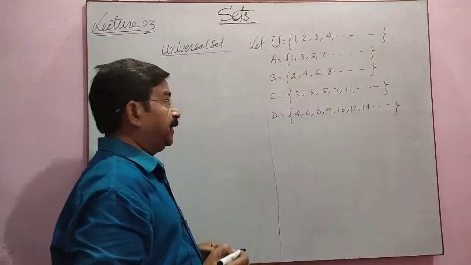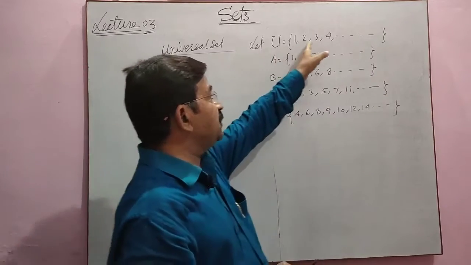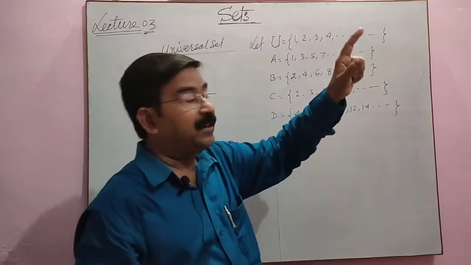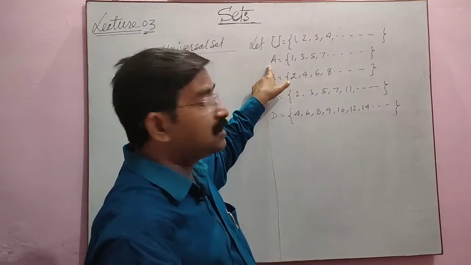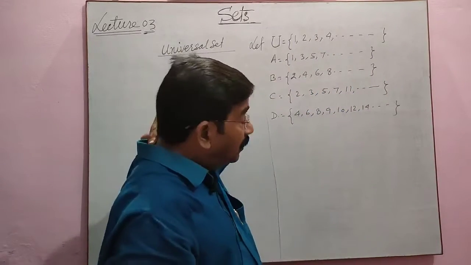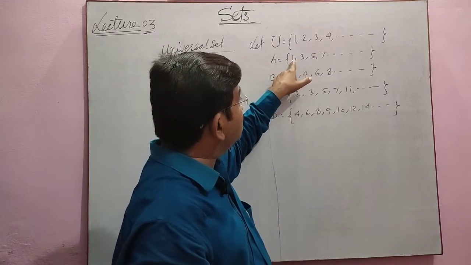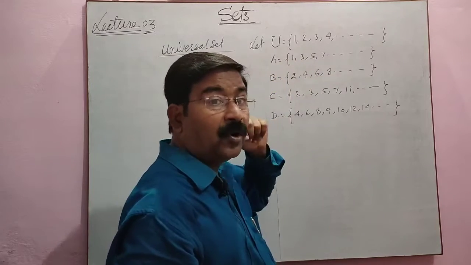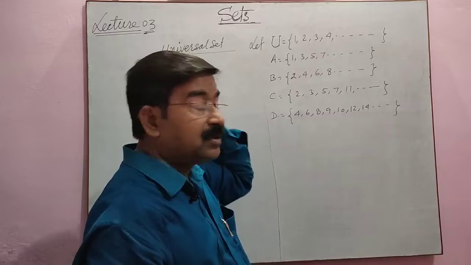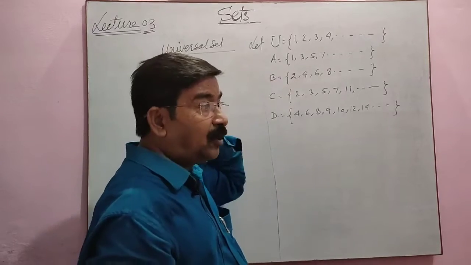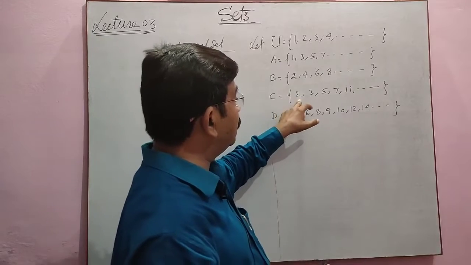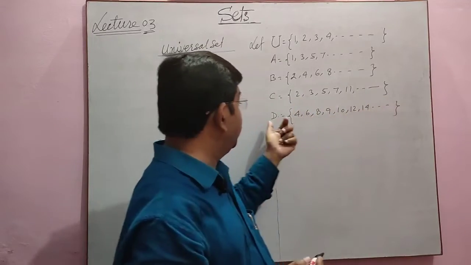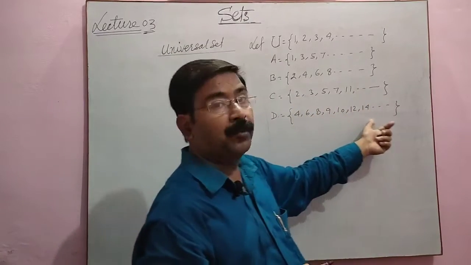And see, U is noted for the universal set, the set of all natural numbers. A is the set of all odd natural numbers, B is the set of all even natural numbers, C is the set of all prime numbers, and D is the set of all composite numbers.